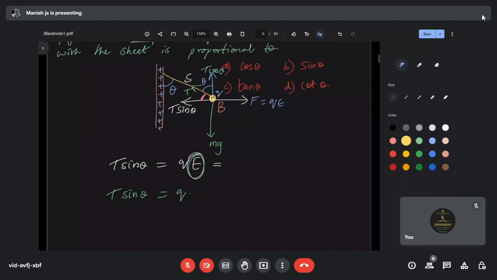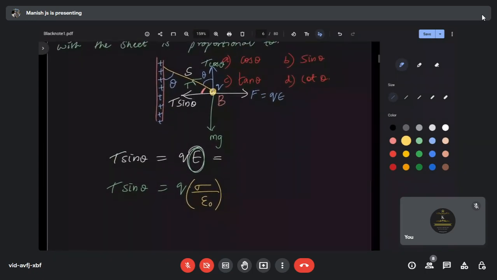For a plane sheet of charge, the electric field is given by sigma by epsilon naught. So overall, you get T sin theta equal to Q into sigma by epsilon naught.